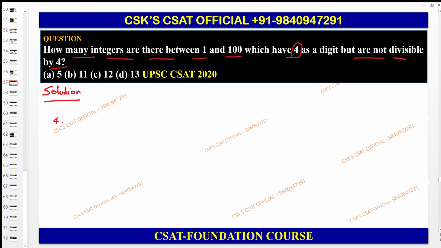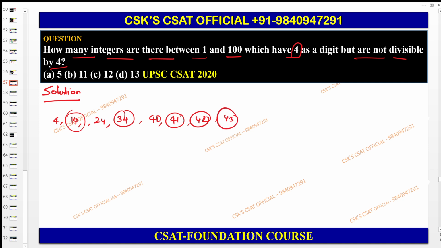Listen: 4 is there, but it is divisible. 14 is not divisible. 24 is divisible, so leave that one. 34 is not divisible. The 40 series is very important. 40 is divisible, 41 is not divisible, 42 is not divisible.